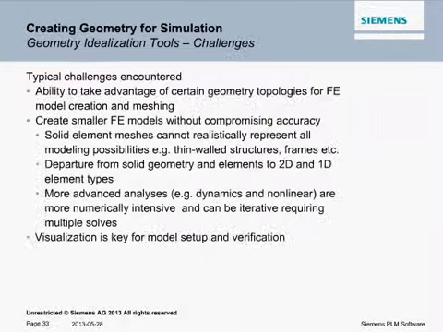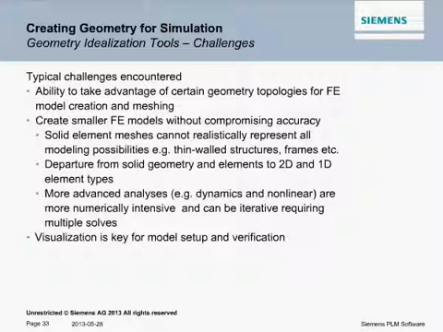So typical challenges encountered then: to take advantage of certain geometry topologies like thin walls or beam type structures for frames, that kind of thing. The tool that you need to use has to have that ability. And what we're really looking at doing here is creating smaller, more efficient models without compromising accuracy.